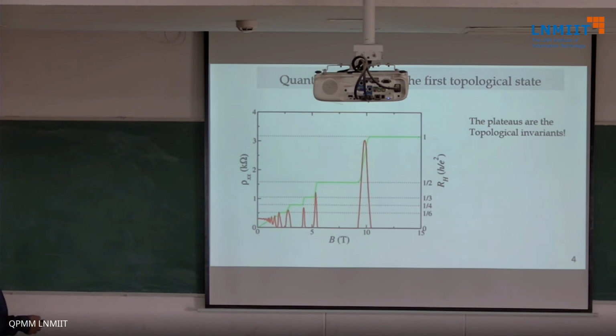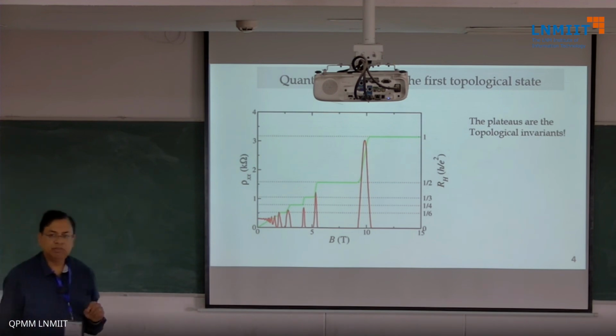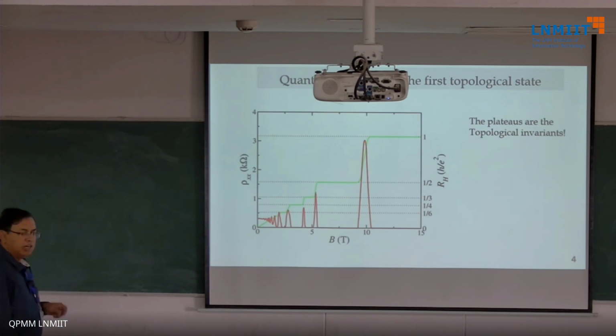And these plateaus are at h over e square with a precision of 10 to the power minus 8. Okay, so this h over e square is 25.8 kilo ohms. So this experiment done on MOSFETs by von Klitzing, which could give you the unit of resistance with a precision of 10 to the power minus 8, was a real surprise.